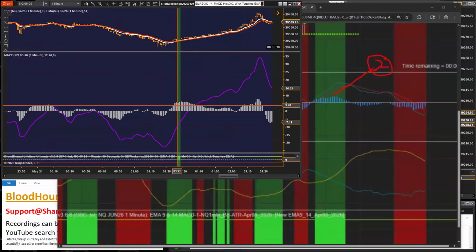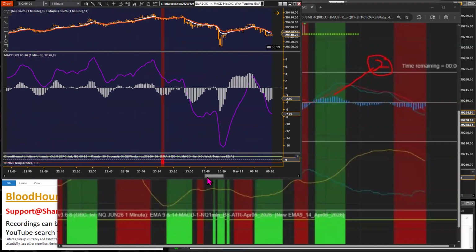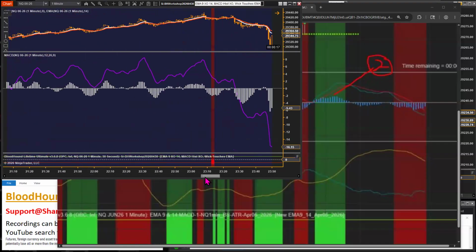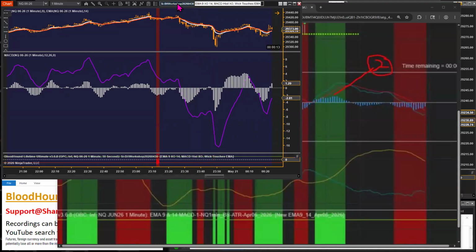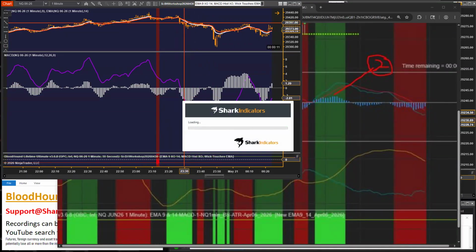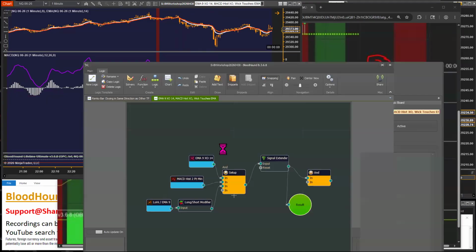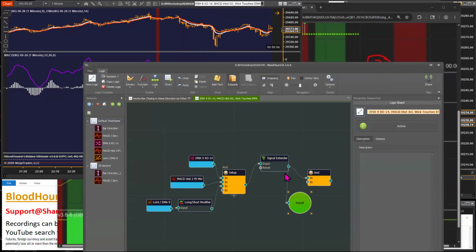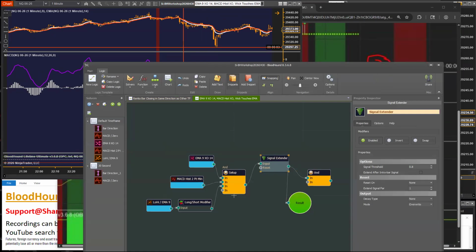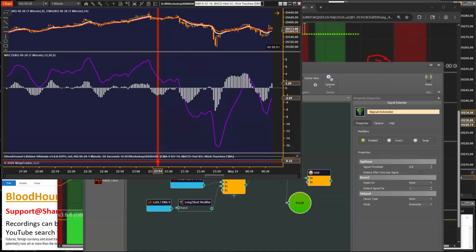I'm not sure if you're referring to this. It does look like the MACD did step back a little bit there. Actually, that is because I'm connected to the signal extender, so we can see every signal is at least 2 bars.